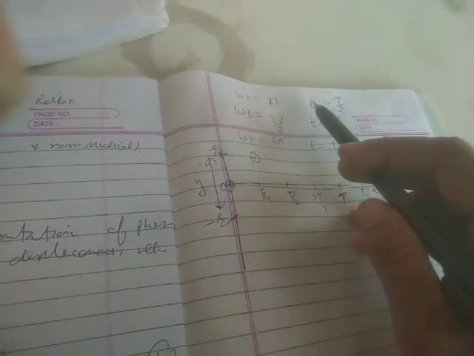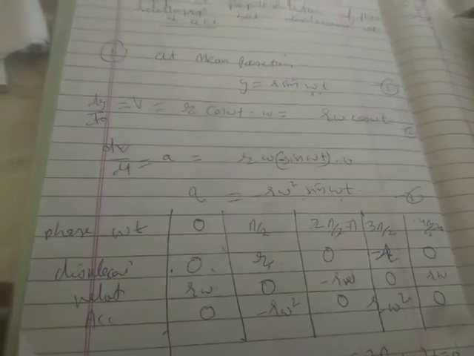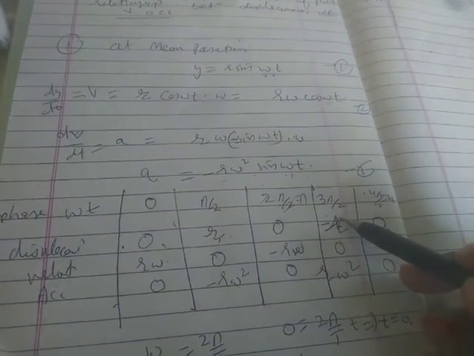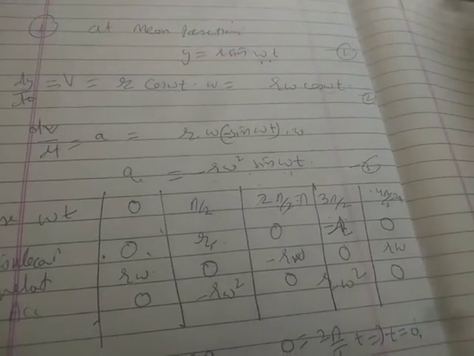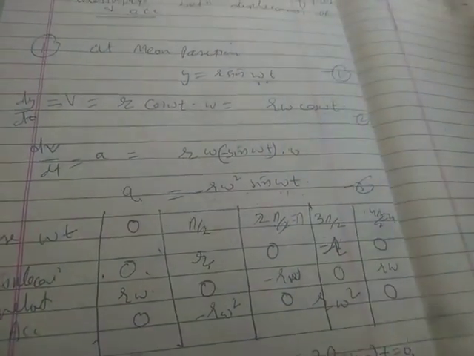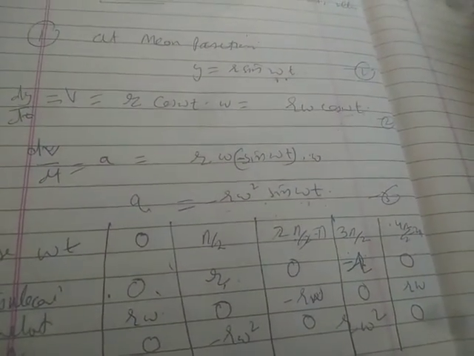Then third point, when t is equal to capital T by 2, it is again 0, meaning here. Next, when it is equal to minus r, meaning here. Then again this is 0, meaning here. So the graph will be like this. Okay, first one done.